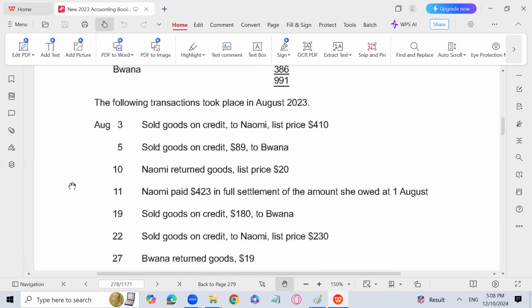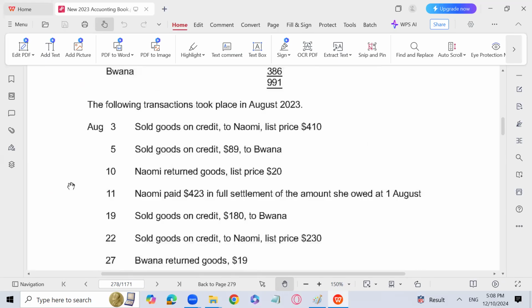The following transactions took place in August 2023. Sold goods on credit to Naomi, list price 410. Sold goods on credit 89 to Bhavana. Naomi returned goods, list price 20.